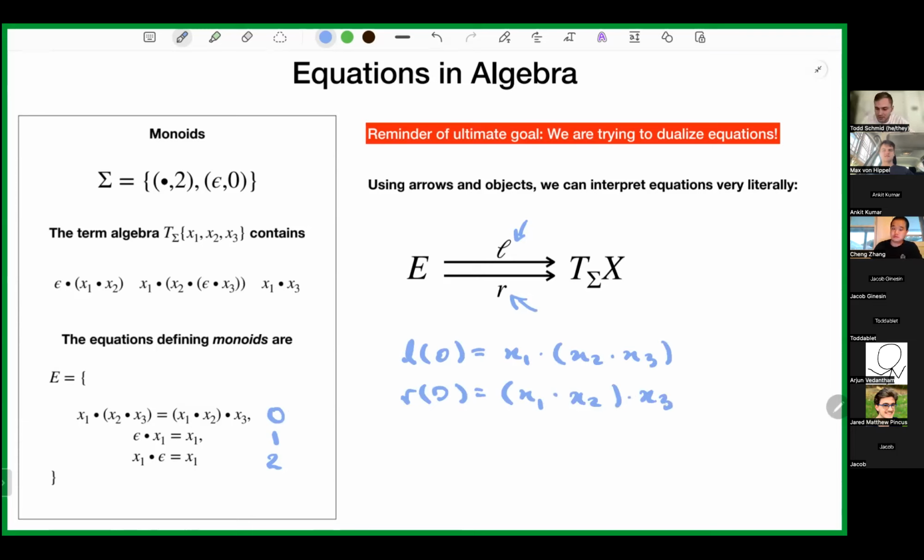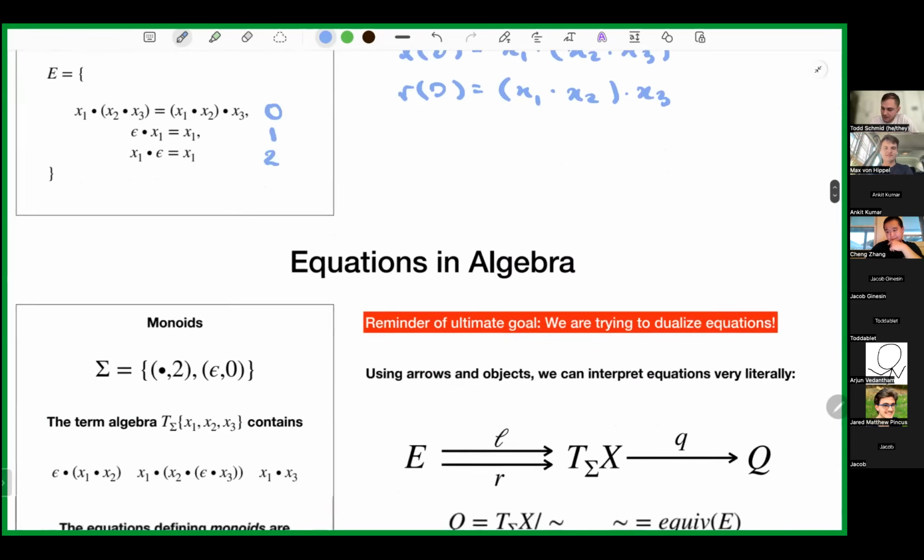So interpreting equations very literally, I'm just interpreting them as a pair of maps from some set of indices over the equations we're trying to capture.